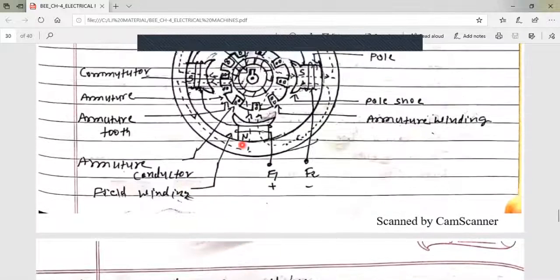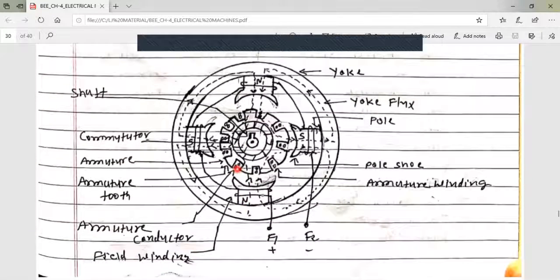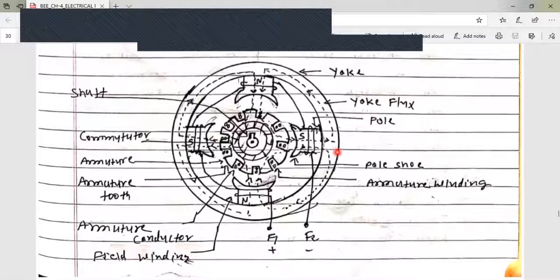See here, this is the yoke, these are poles, these are the field windings. Now, we have discussed that an air gap is present between the poles and this armature. So a magnetic field is produced in this air gap and links with the armature winding. These are the armature conductors or armature slot conductors.